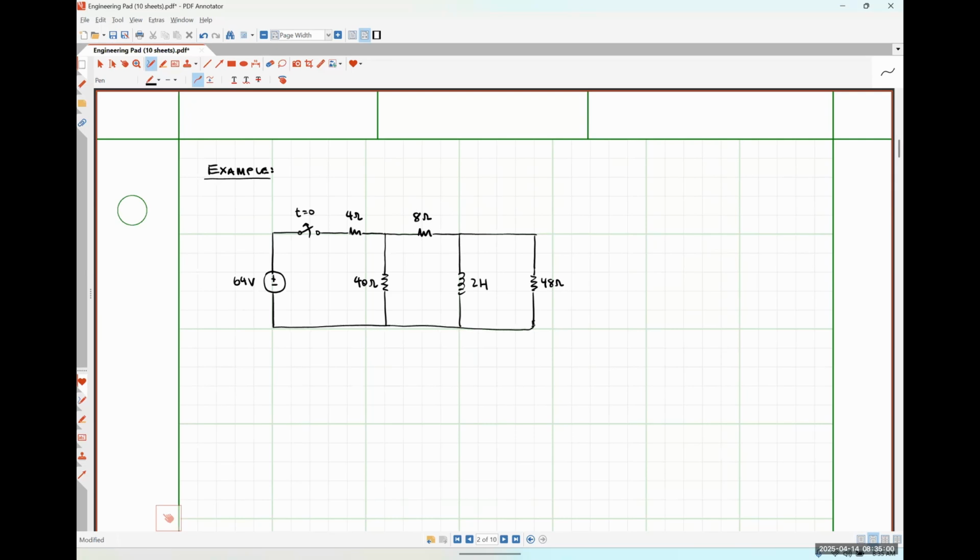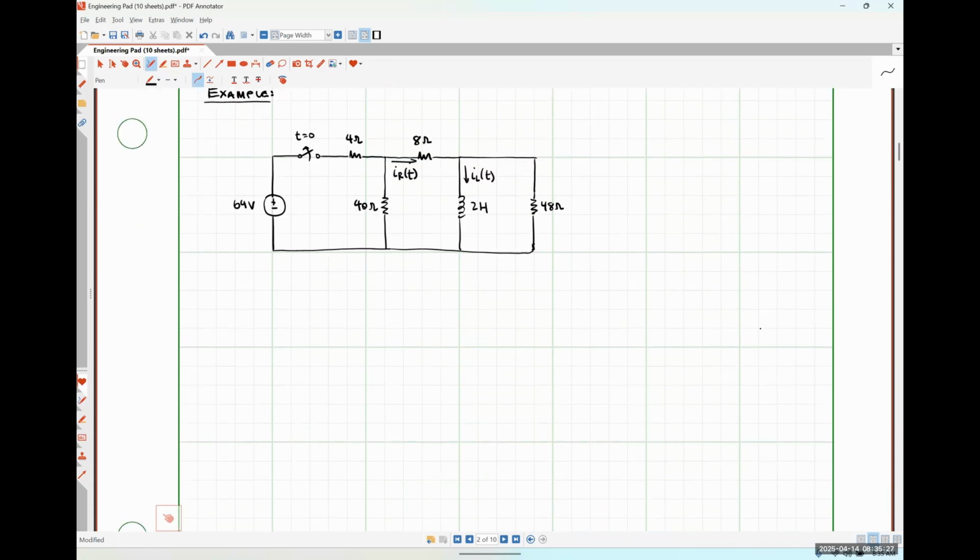And let's say that I'm interested in the following two things. My inductor current, IL, as a function of time, and this resistor current, which I'm going to call IR as a function of time, okay? So these are the two quantities that we are solving for, okay?